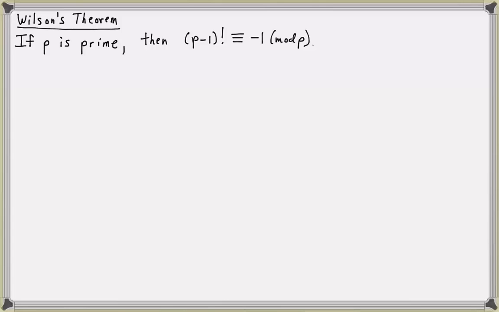And if you think of it as a statement about divisibility, we see that p divides p minus 1 factorial plus 1. It's another way of stating Wilson's theorem. So let's begin the proof.